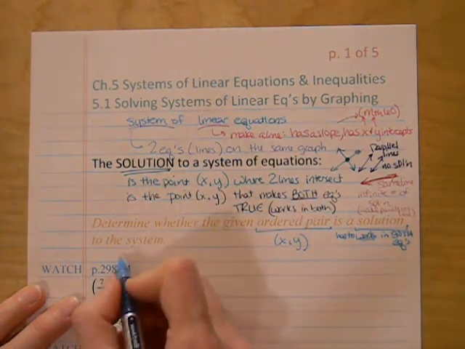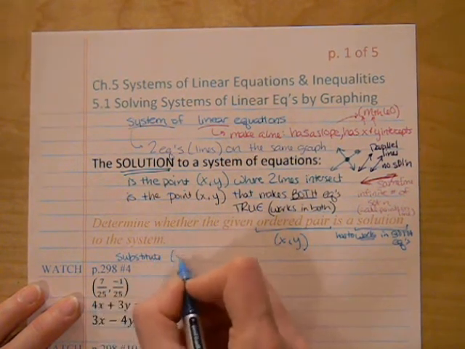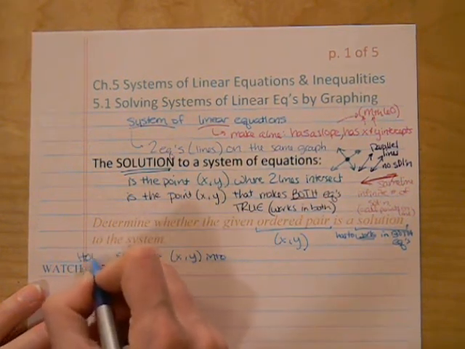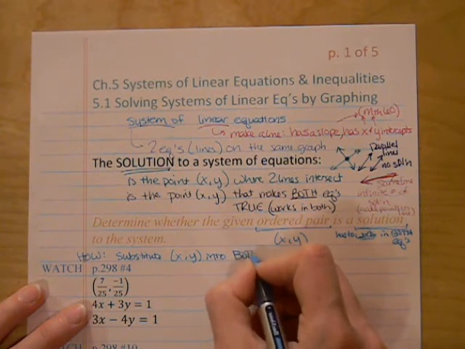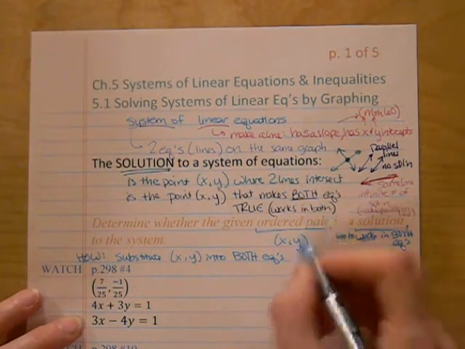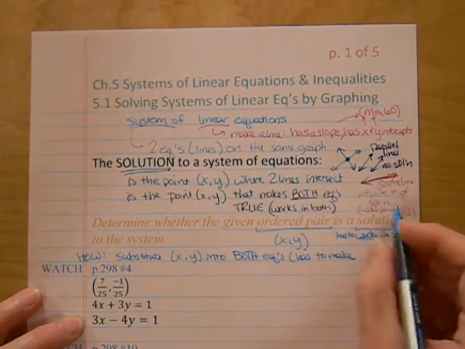So we're going to substitute the point x, y into both equations, and it has to work in both for us to say, yes, it's a solution to the system.